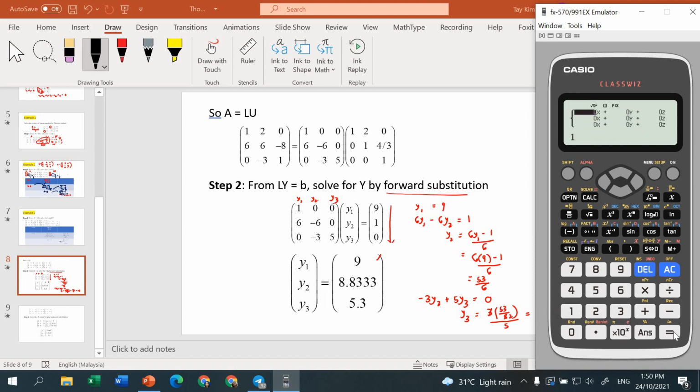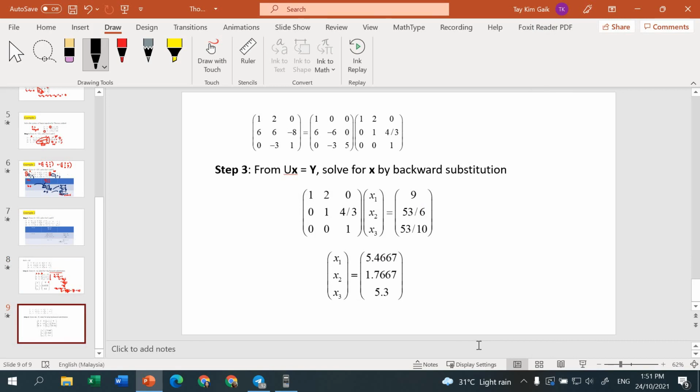Key in the system Ly equal to B: 1, 0, 0, 9; 6, negative 6, 0, 1; 0, negative 3, 5, 0.